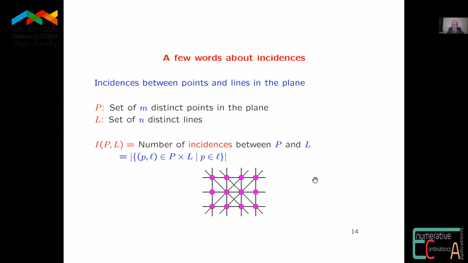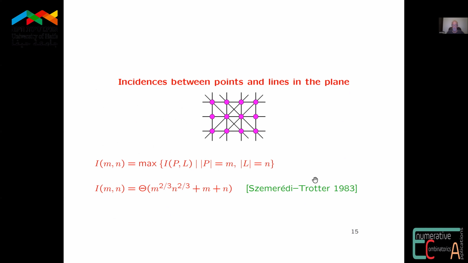So if I give you a set P of m points and a set L of n lines in the plane, I denote by I(P, L) the number of incidences between P and L, the number of pairs of a point in P and a line in L where the line contains the point. What we really want to bound is the maximum such number over all pairs of sets P of m points and L of n lines.